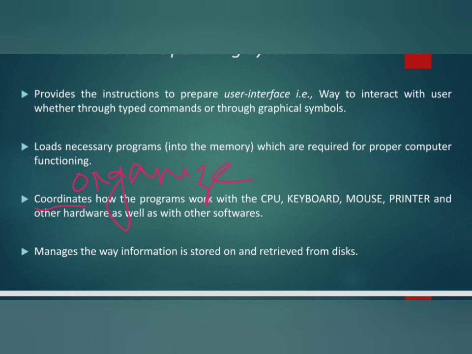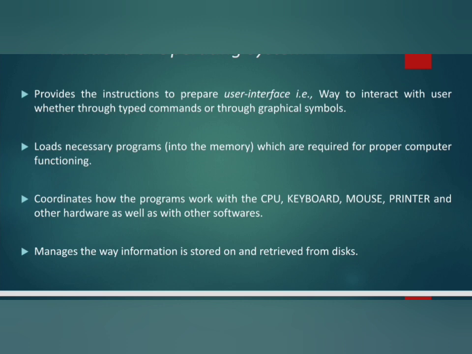It organizes the programs. First of all, it organizes the program and tells it how this program should work with the hardwares and softwares. The hardwares like CPU, keyboard, mouse, printer and all the other softwares, be it utility software or application software, any kind of software. So it tells and organizes the program how to work with softwares and hardwares.